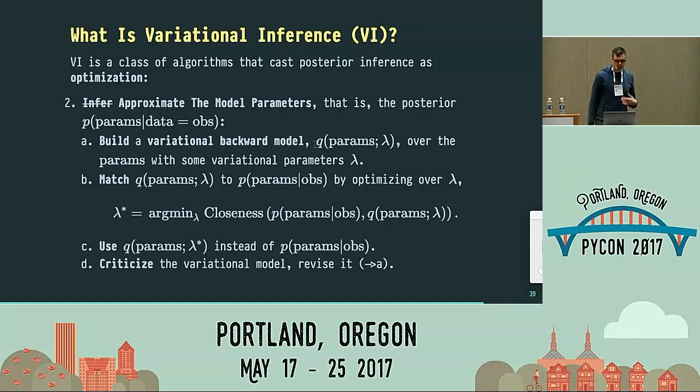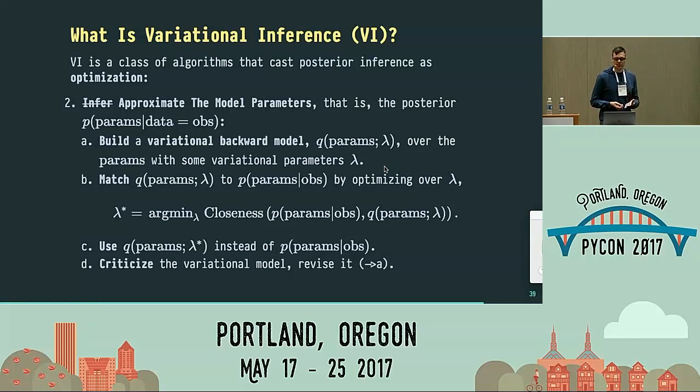And Q will be such that it can approximate the real posterior. Q will be a probability distribution over the unknown parameters, in this case the coin toss fairness. But it also depends on other parameters, and I used the Greek letter lambda here. With these other parameters, this is actually not a single probability distribution, it's a family of probability distributions.